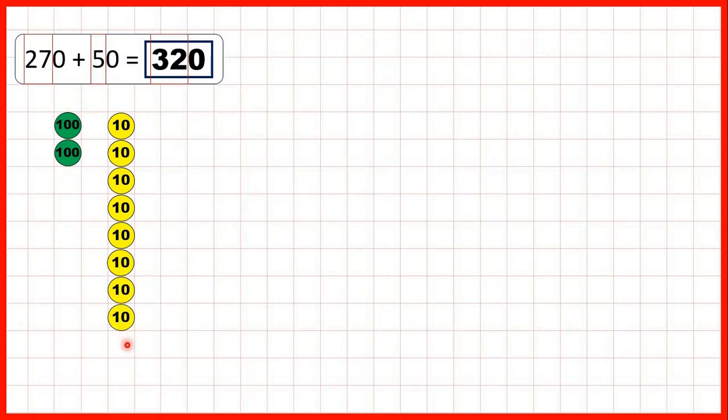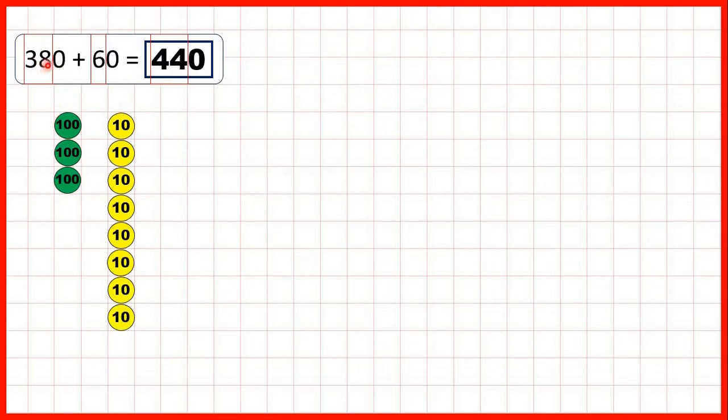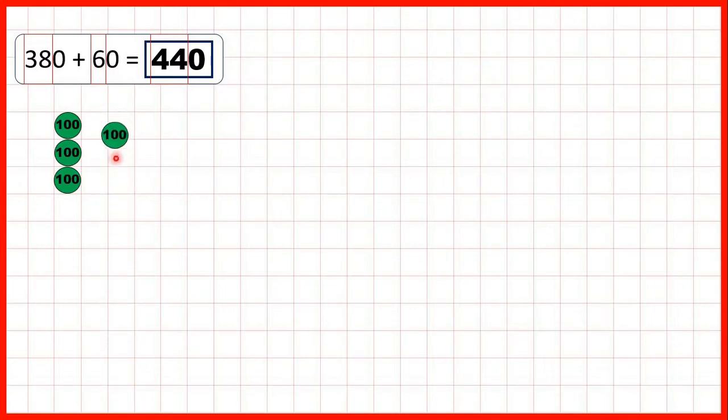We can add 1, 2, 3, exchange, then add 4, 5 tens, and that gives us 320. And for 380, we start with 3 hundreds and 8 tens, and we need to add 6 tens. So we can add 1, 2, exchange, then add 3, 4, 5, 6, and that leaves us with 4 hundreds and 4 tens, so 440 as our answer.